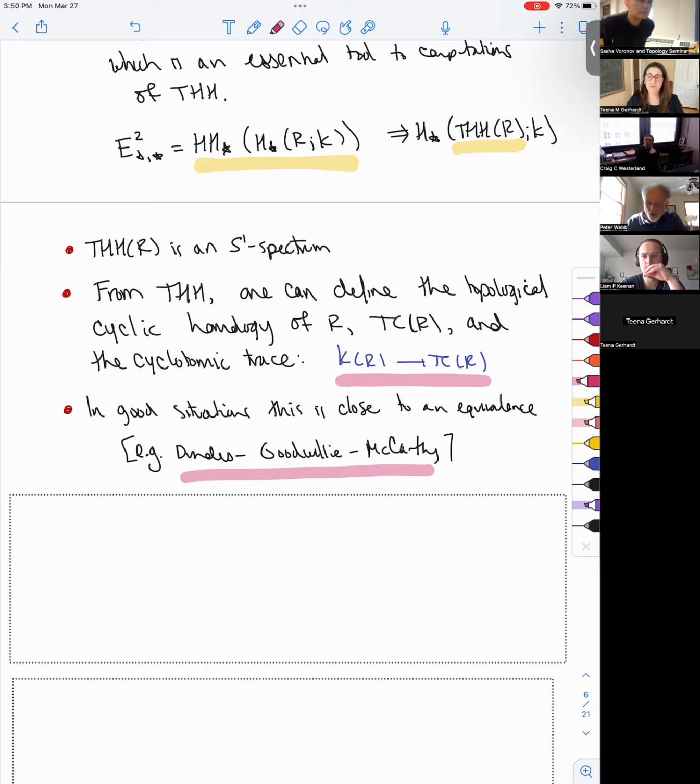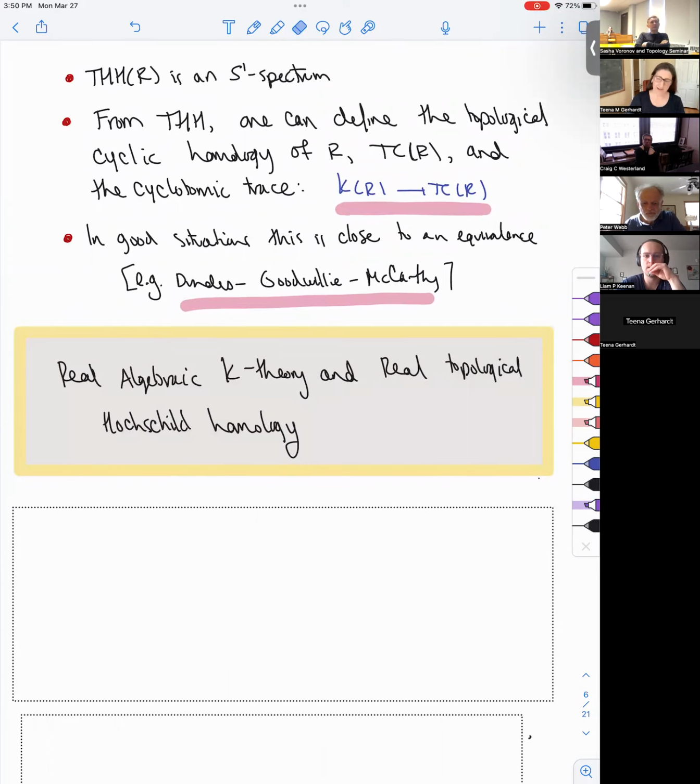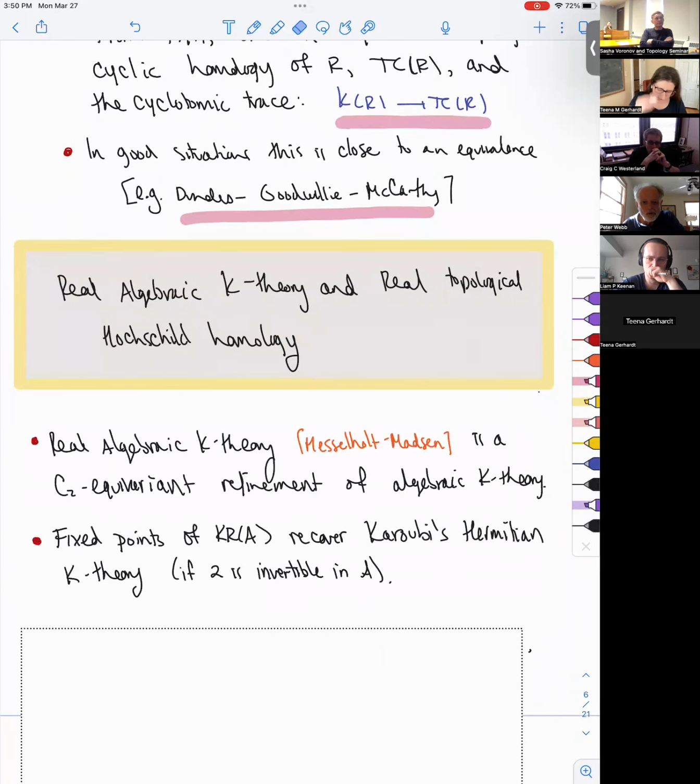Okay, that was a super brief crash course in the trace methods story. What I really want to tell you about today is a version of this trace methods story that has to do with what's called real algebraic K-theory and real topological Hochschild homology. Let me first say a few things about what these theories are.